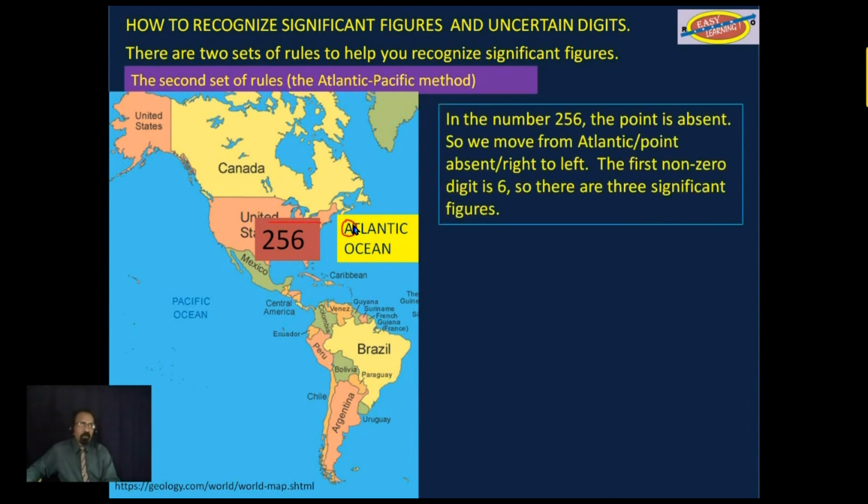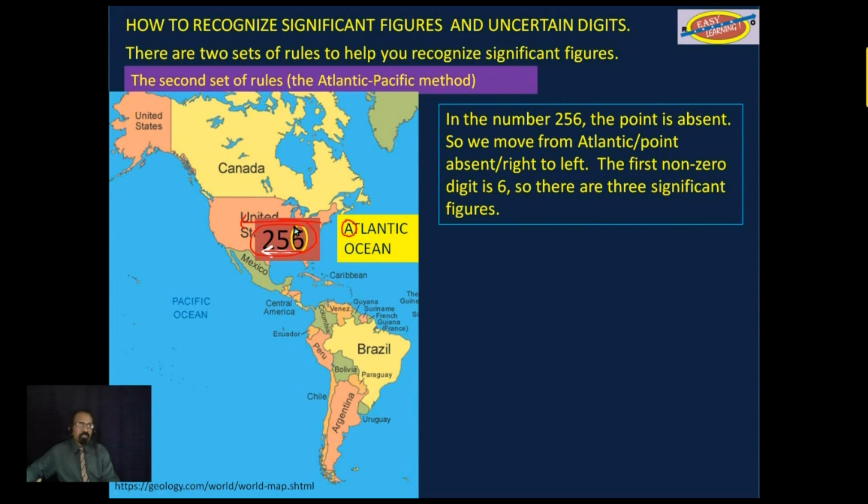Go to the left, count every digit we find from the first non-zero digit as significant. So the first non-zero digit is 6, of course. We count 6, 5, and 2. We have 3 significant figures. Out of the significant figures, the one on the far right is uncertain.